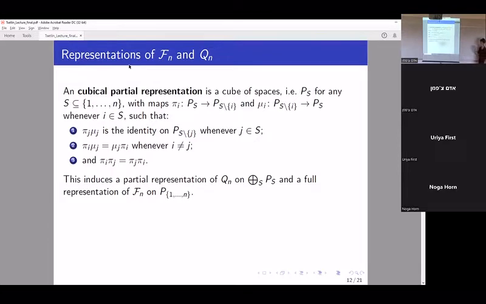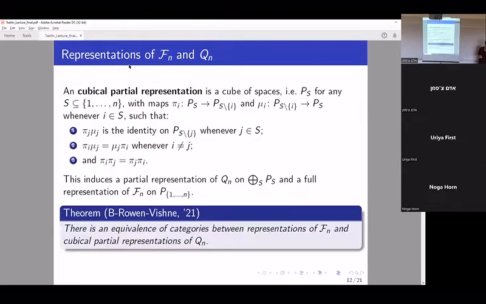Any such thing gives us a partial representation of Qn and a full representation of Fn, but it turns out that we can also take any representation of Fn and extend it to this kind of cubical partial representation. So if we started with Specht polynomials, we could have constructed this whole cube of spaces, which would be just the polynomials in the appropriate variables.